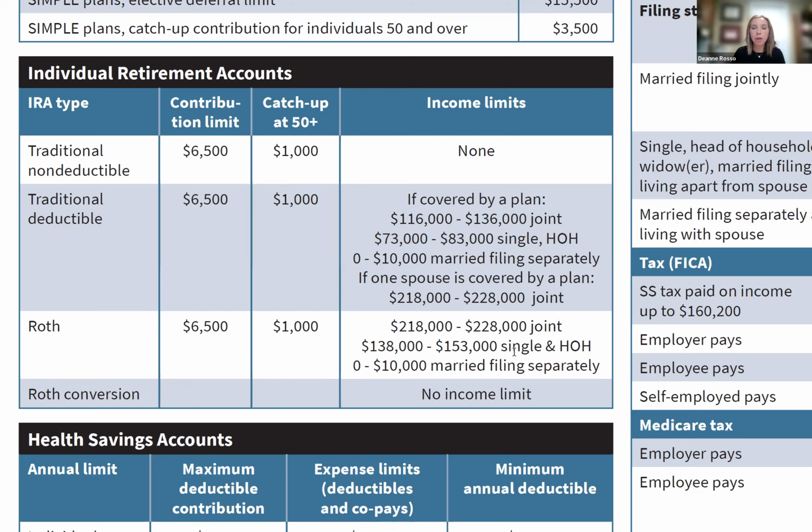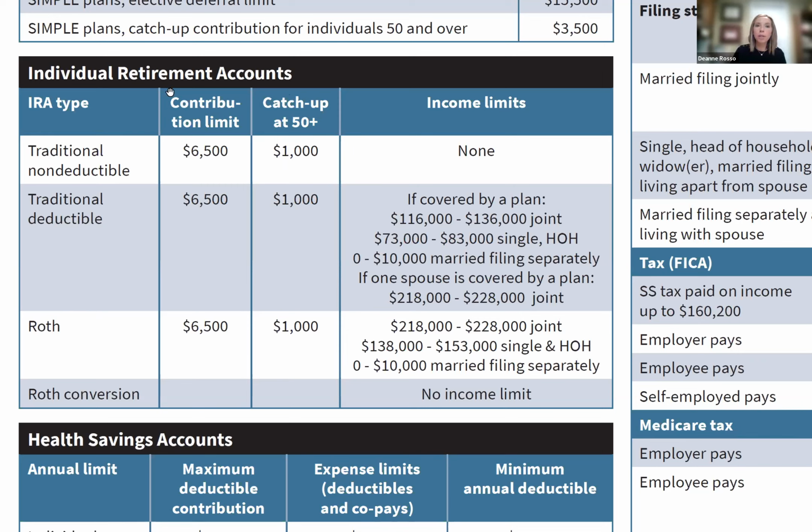Then we can consider strategies you may have heard of, like a backdoor Roth. Which is where we actually fund a traditional non-deductible IRA. And that's back up here at the top of this box, traditional non-deductible. Anyone can put $6,500 or up to $7,500 over 50 into an IRA. The income limit determines whether or not it's deductible.